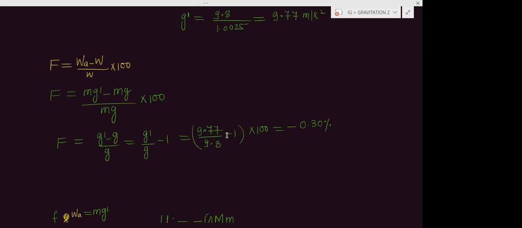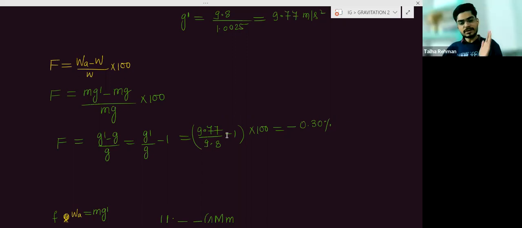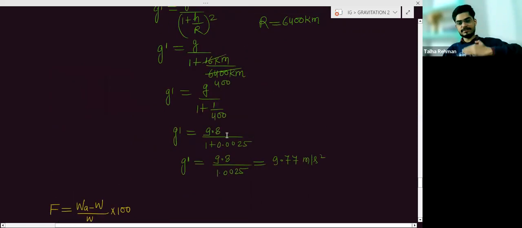Yes, sir, I got the same answer. Negative 0.30. Yeah, I got the same. Same answer, no? Negative means decreasing. Weight will decrease when you move.